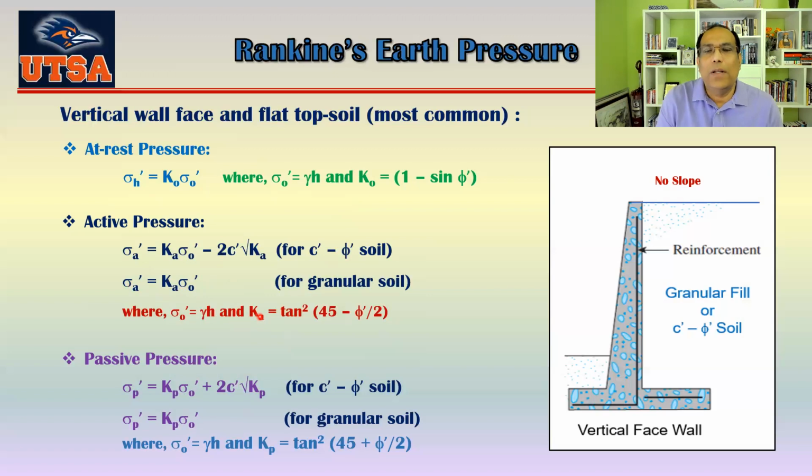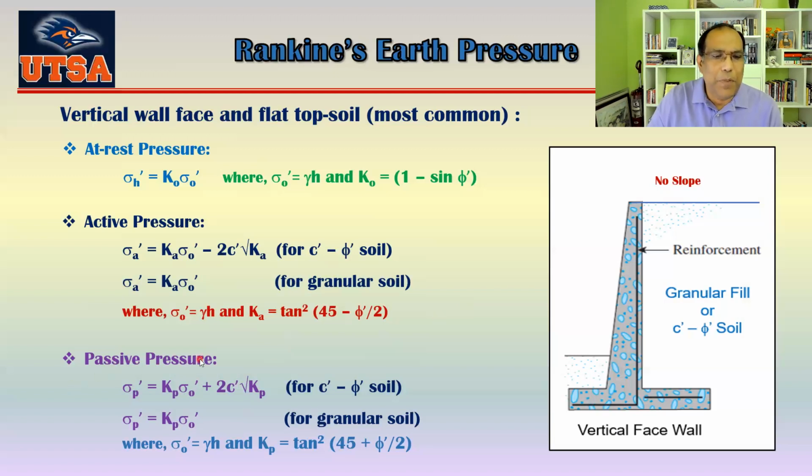In your actual lecture, you can see we developed that equation, how you get Ka equal to tan squared 45 minus phi by 2. I'm not going to discuss that in this review session, but I'm just giving you the synopsis of what you need to remember at this moment.